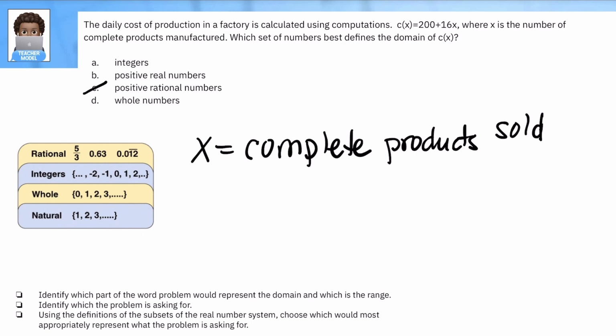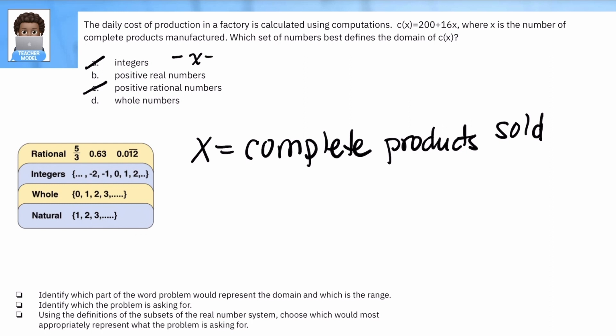Now, let's look at integers. Could you have negative items sold? So no, that's also not going to make sense. So I can't have x equal to -8. -8 would mean -8 items were completed and sold. So that wouldn't make any sense.